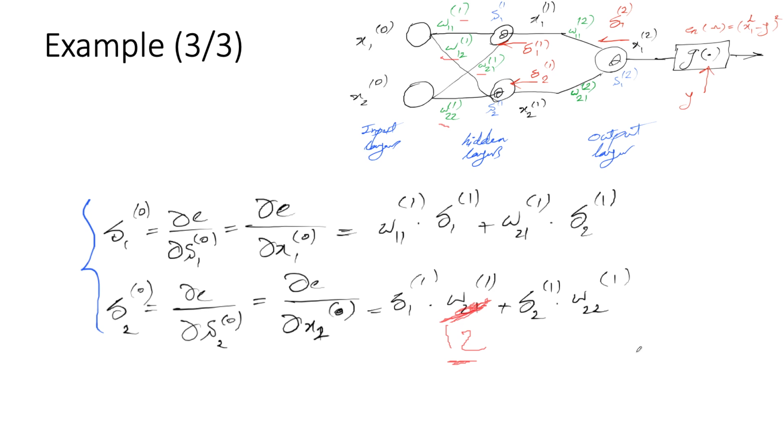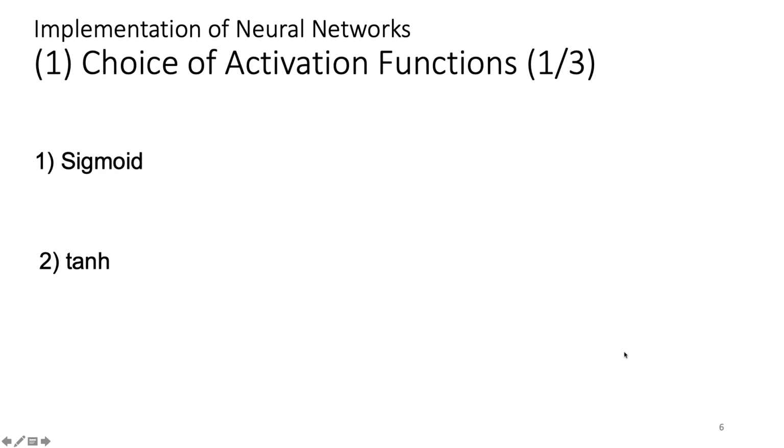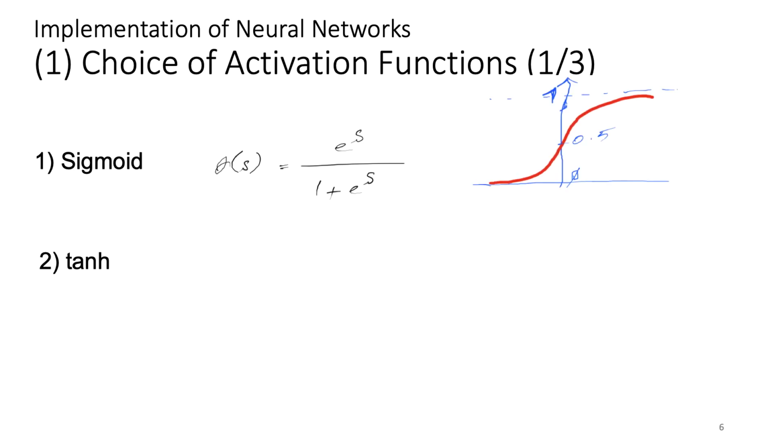I was talking about the choice of the activation functions that we normally use in neural nets. You've already had a chance to know the sigmoid function, which was e to the power s divided by 1 plus e to the power s, right? So it was squashing your values from 0 to 1, where x equal to 0 pertains to the half point here.